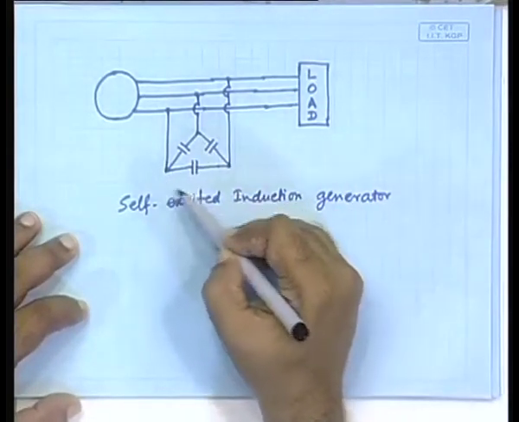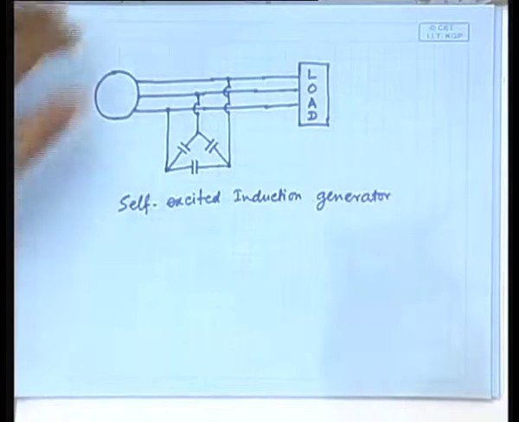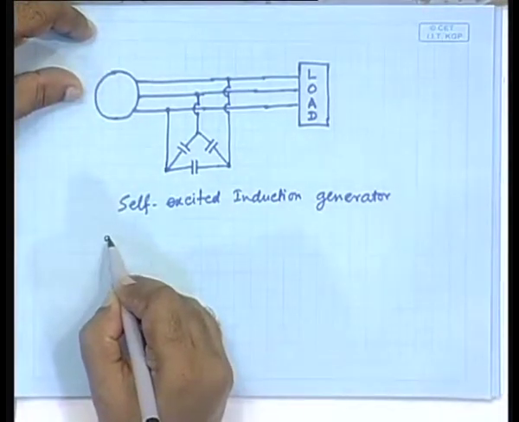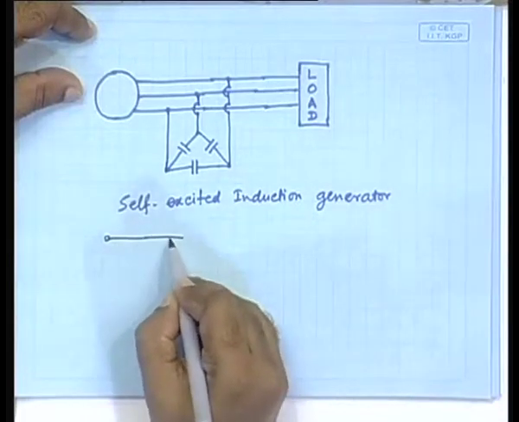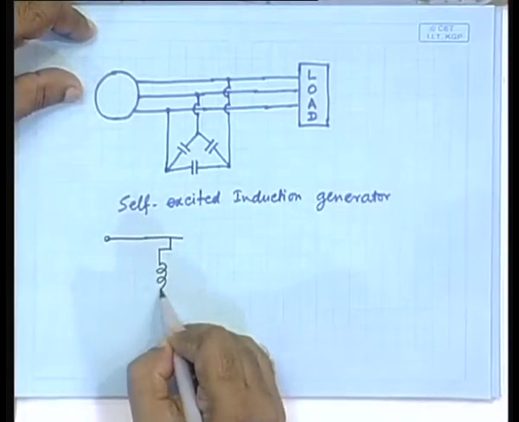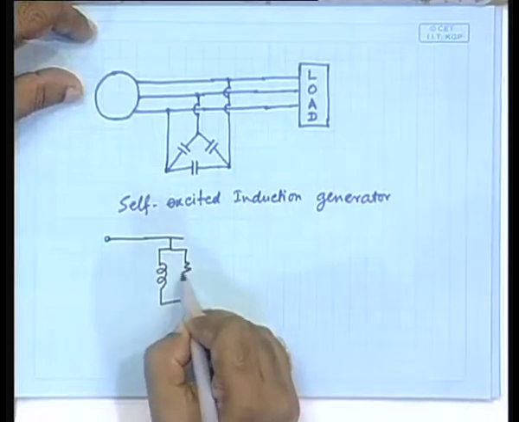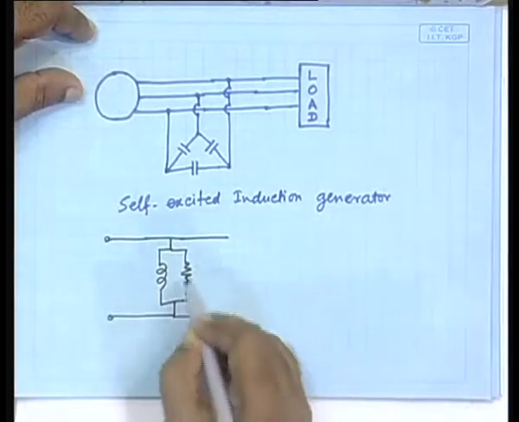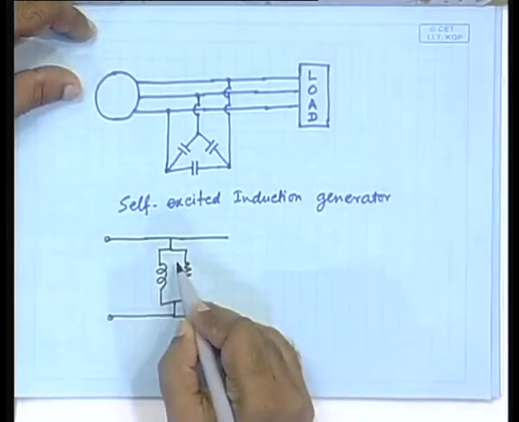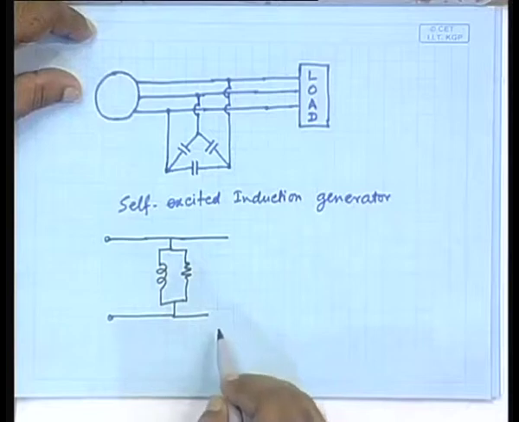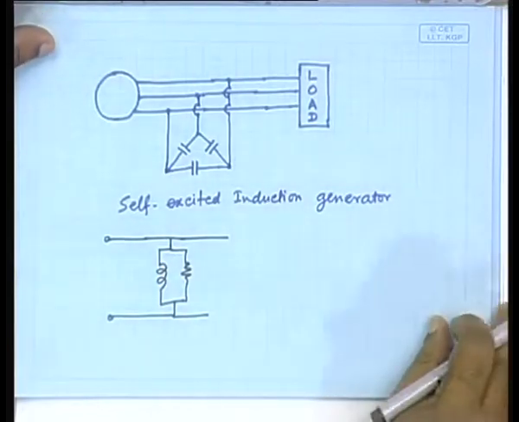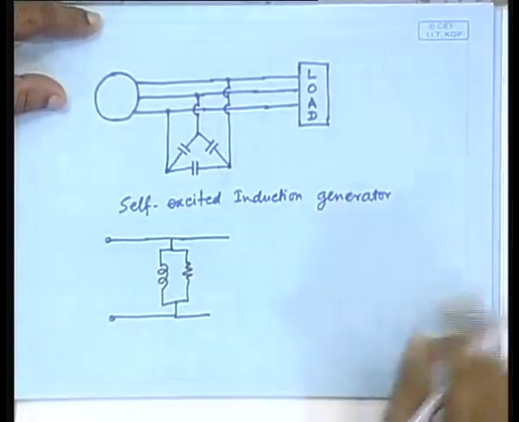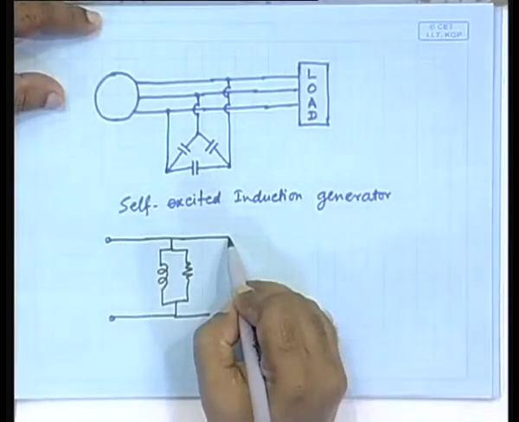In that case the capacitor bank is connected, and if you recall the structure of the induction machine equivalent circuit, this is the magnetizing branch, and only this magnetizing branch will be seen because the other part will be open. Let me draw the rest anyway.